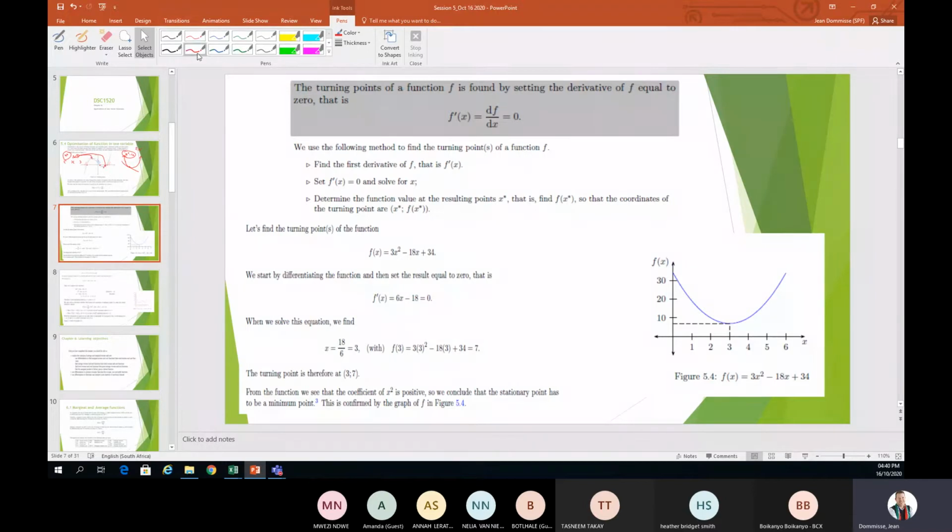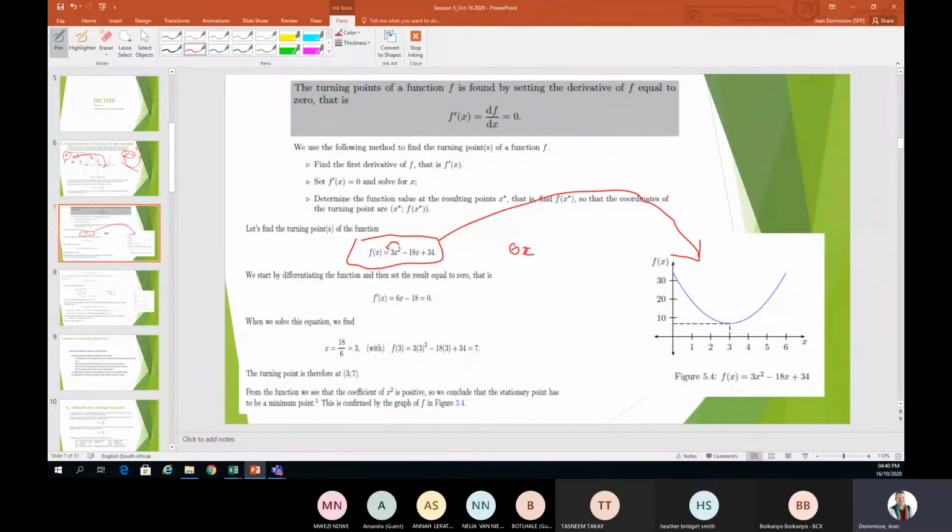So here we're talking about, so that is your formula. So that is that formula that we have there. So if you needed to differentiate that, it is straightforward as we've done with the previous work. So the 2 goes to the front, so 2 times 3 is 6, so 6x.